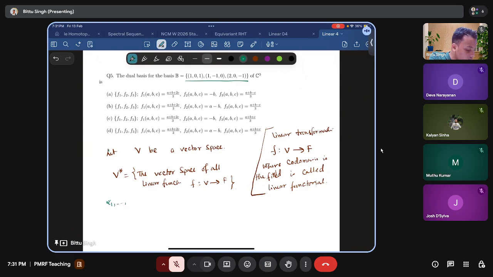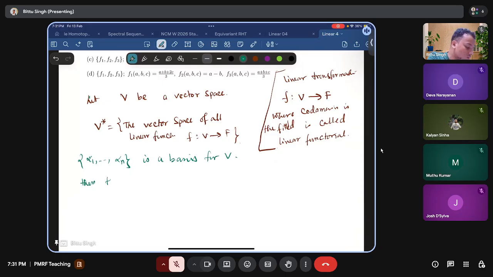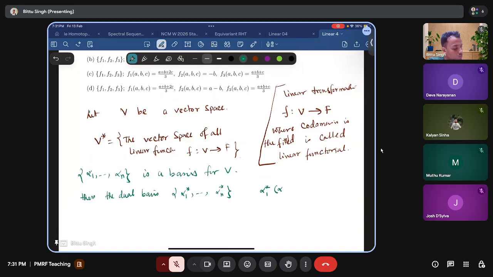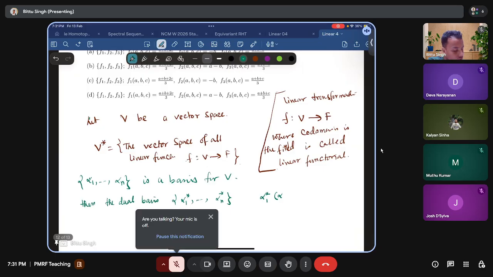Suppose alpha 1 up to alpha n is a basis for V. Then the corresponding dual basis, in notation, is written as alpha 1 star up to alpha n star.